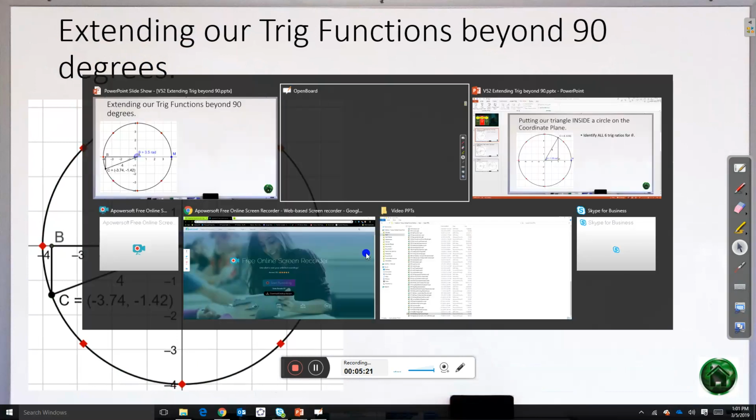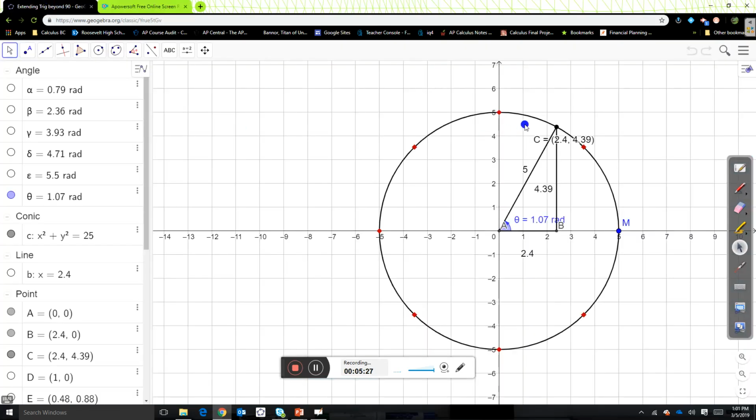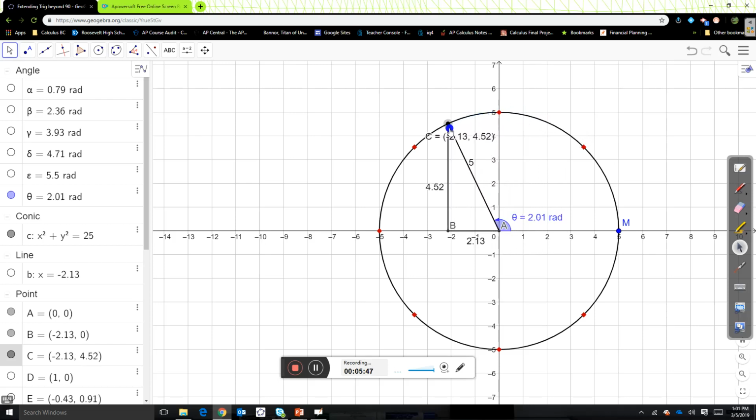So first, I want you to take a look and see what happens if we go beyond 90 degrees. So here I have the same diagram, but I can move the triangle. So everything hopefully makes sense. In the top right, we have our adjacent is our x and our opposite is our y. But take a look at what happens when we go past 90 degrees. Straight up, and our triangle flips over to the other side.